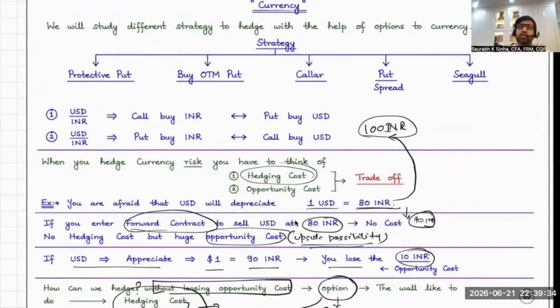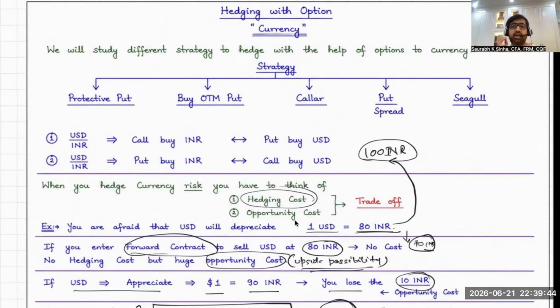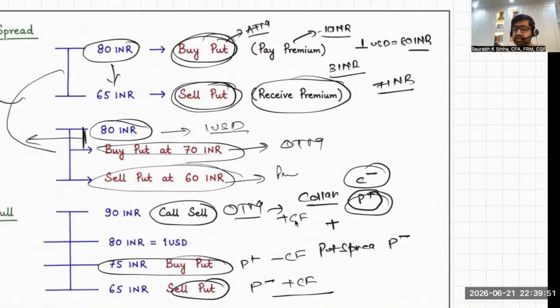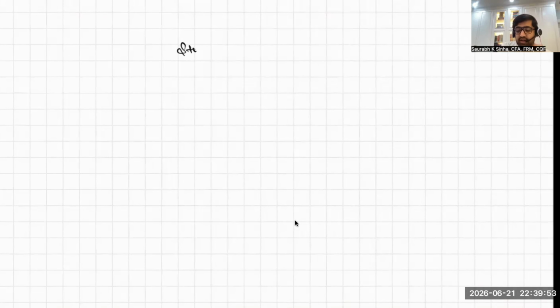You can also study something like, can I have a delta neutral strategy in currency? Yes, you can. What is the best delta neutral strategy? The best delta neutral strategy in the world is the straddle strategy, where you buy a call at the money and buy a put at the money.